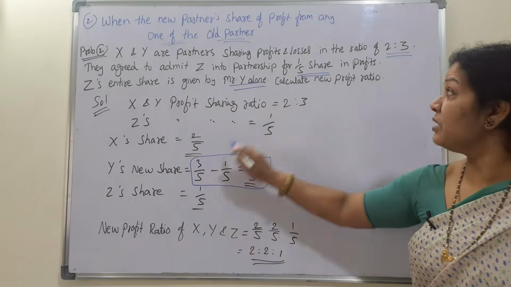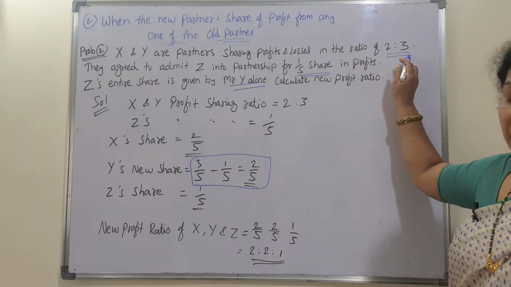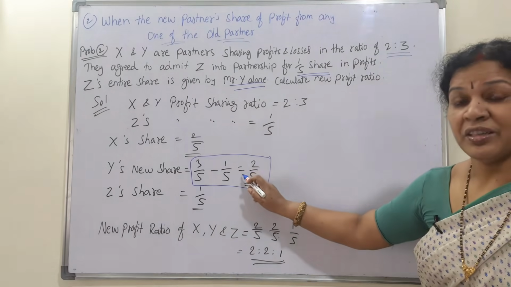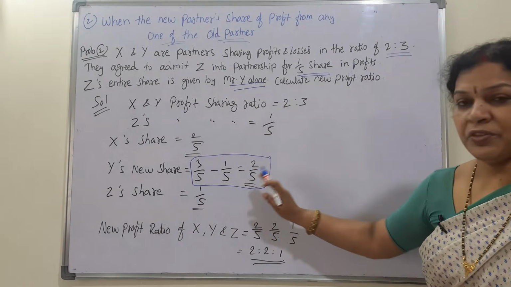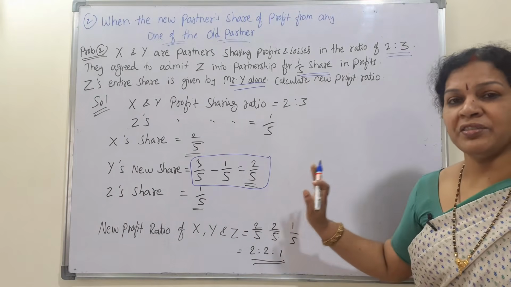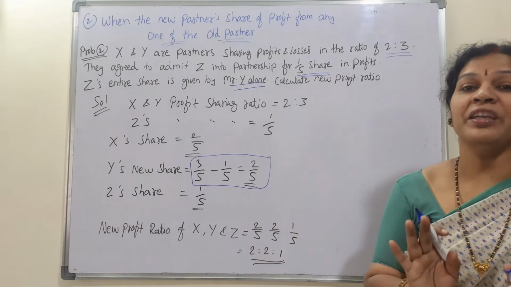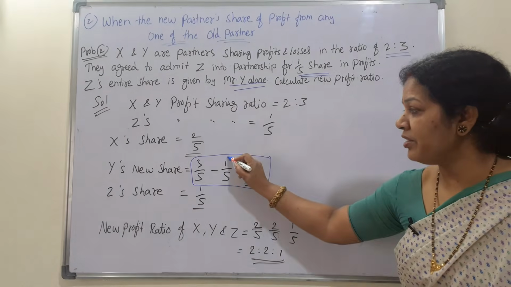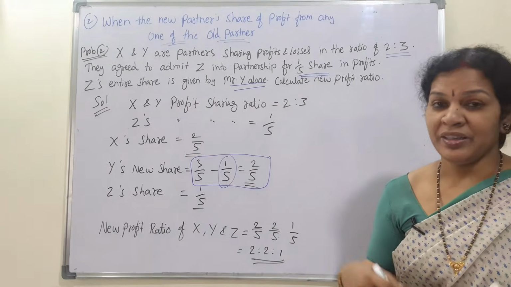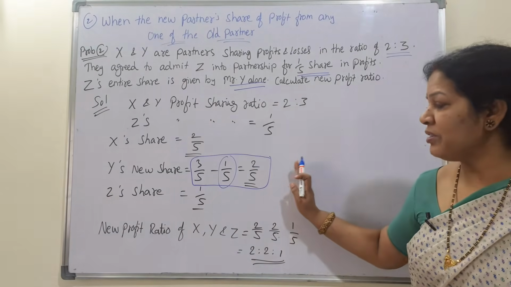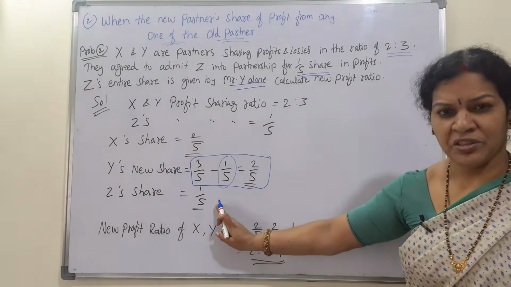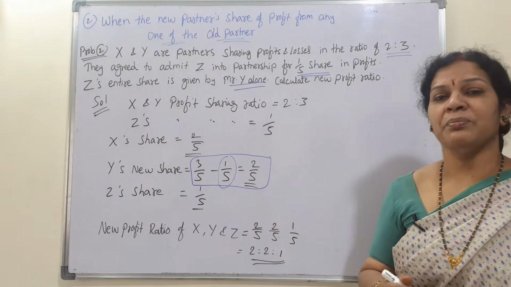Y's share is 3/5, minus how much he is giving, 1/5. If you subtract it, you get 2/5. That is the share he is going to get in future, because he has already sacrificed 1/5. Now leftover for him is 2/5. Anyway, Z's share is 1/5. We know it. That's a simple problem.